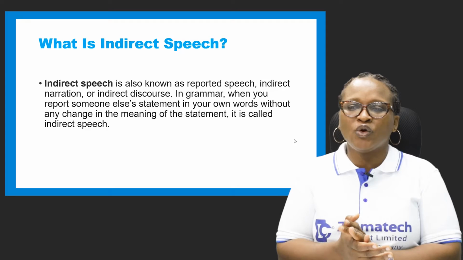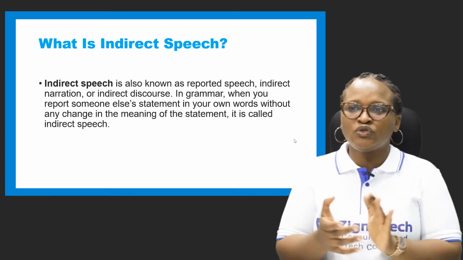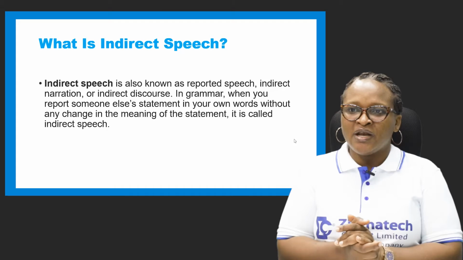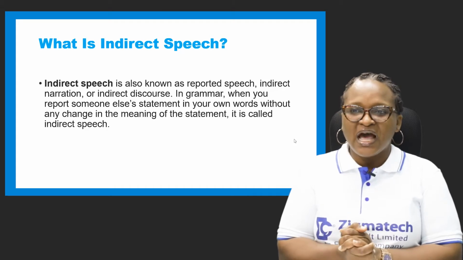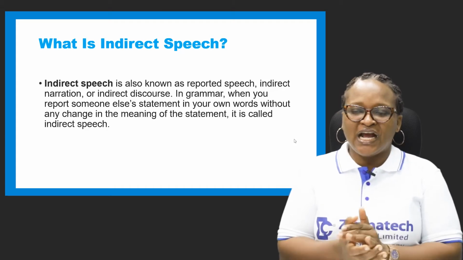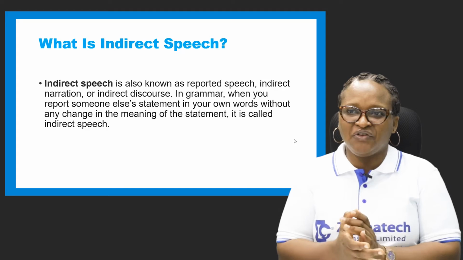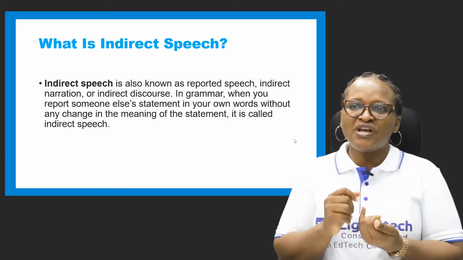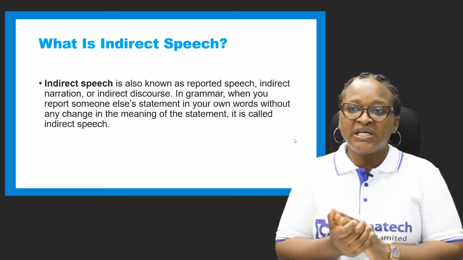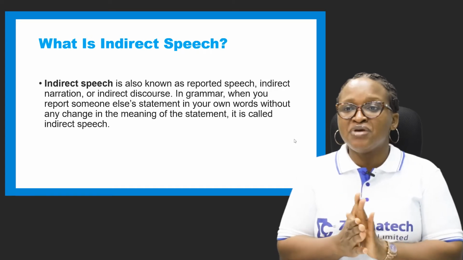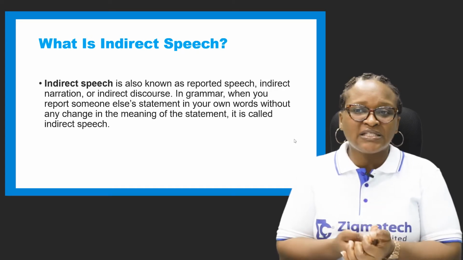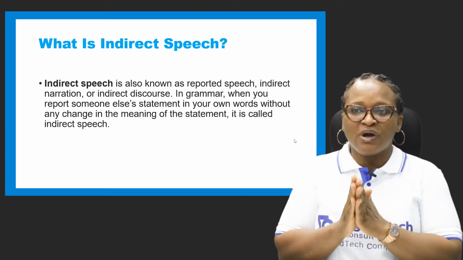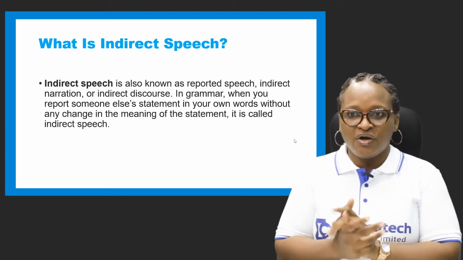Rather, it is what was reported or what is about to be reported by a particular speaker. Now, someone hears something and wants to give an account of what he or she heard. At that point, what the person is doing is reporting, because you are giving out the words of another person, having the same meaning, but you are not the exact person that it happened to. So basically, you are reporting what you have witnessed, what you have heard.